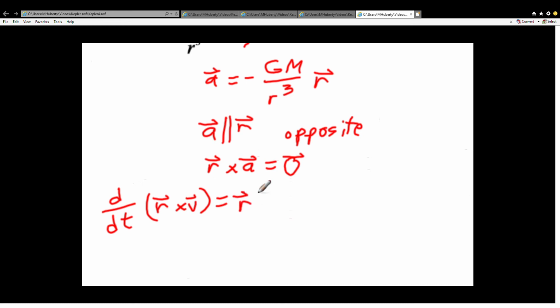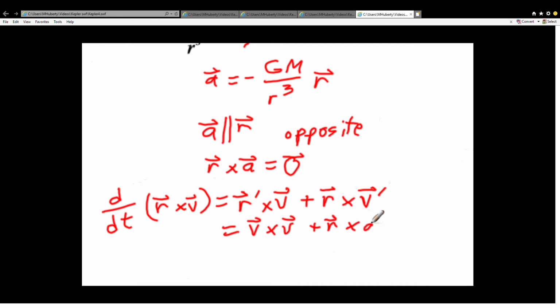So derivative of position vector cross velocity vector plus position vector crossed with the derivative of the velocity vector. Of course, r prime is the velocity vector, so this just ends up being v cross v, and here v prime is the acceleration vector.